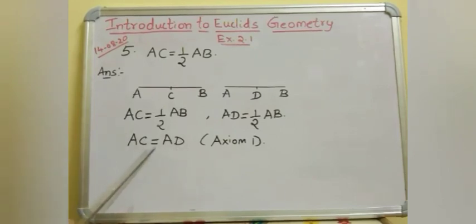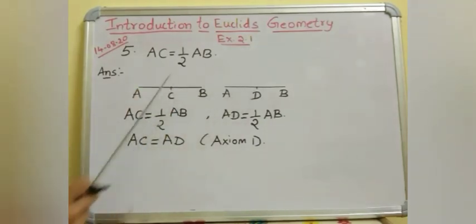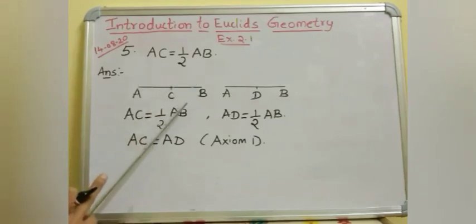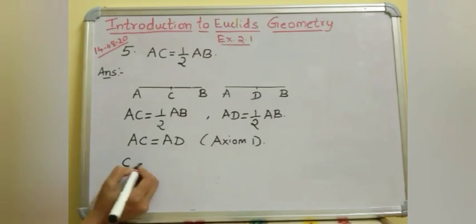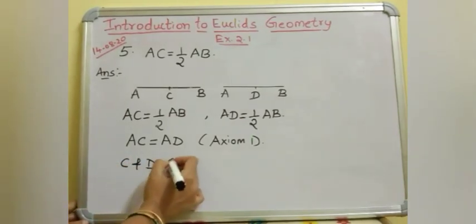When is it possible that AC is equal to AD? Only when C and D coincide. That means C and D both are the same. So can we have more than one midpoint in any line segment? Is it possible? No, it is not possible. So now I am saying that C and D coincide.